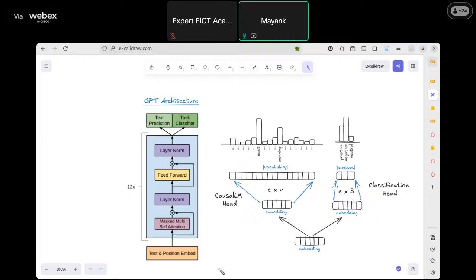If our beam width is 2, we are basically at each step doing 2 predictions, and again out of those 2 we are keeping track of 2 outputs in the first case and 2 outputs in the second case, and then out of those 4 again we only keep the top 2 and discard the others. Those 2 are selected based on the joint probability, the cumulative probability. Okay, so that was beam search.